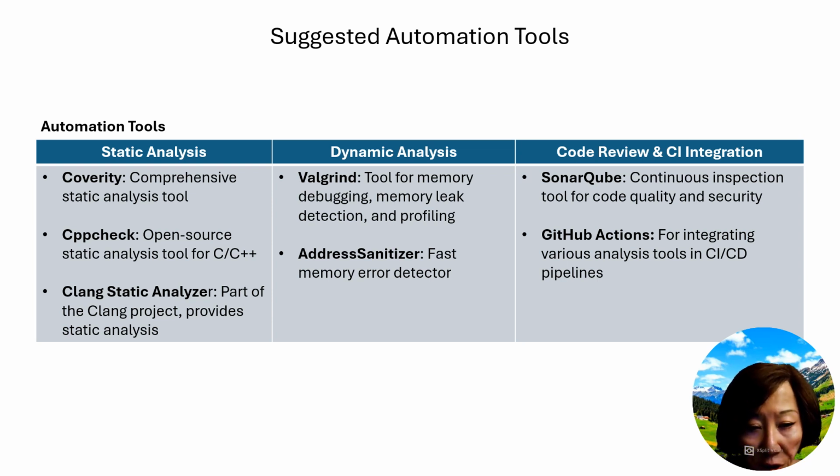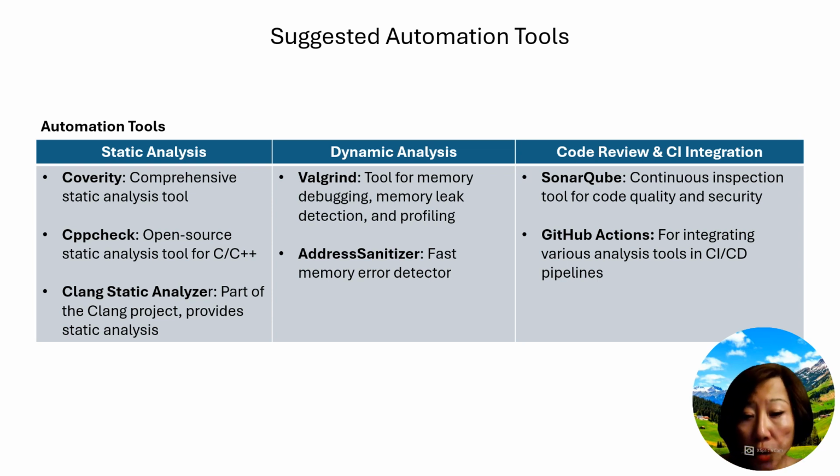So Coverity, CPPCheck, and Clang Static Analyzer do static analysis on your code. Dynamic analysis tools like Valgrind and AddressSanitizer always run at runtime. So at runtime, they will tell you something has gone wrong. You better go back and recheck.